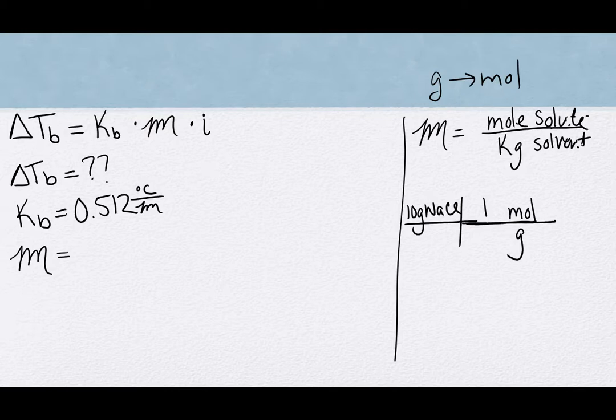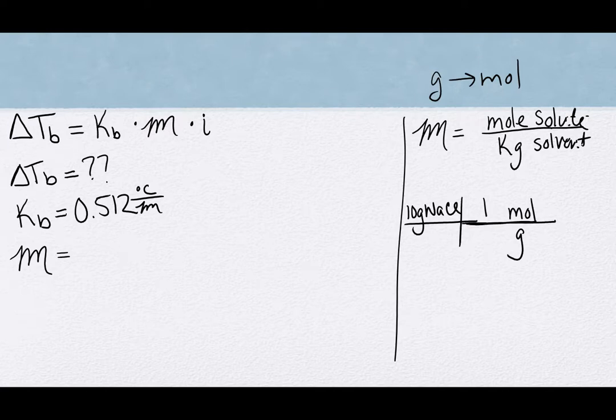All right. So the molar mass for sodium is 22.9. The molar mass for chlorine is 35.5.